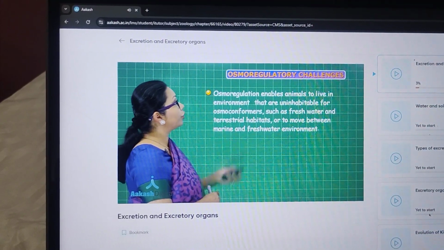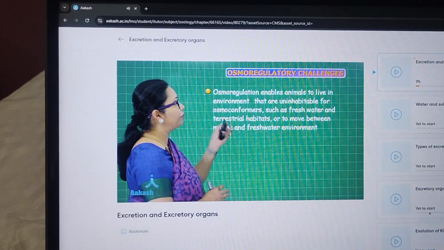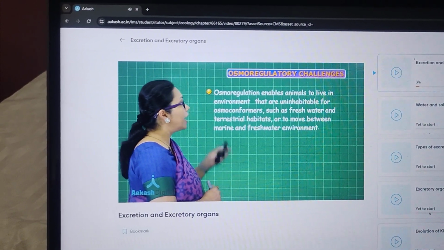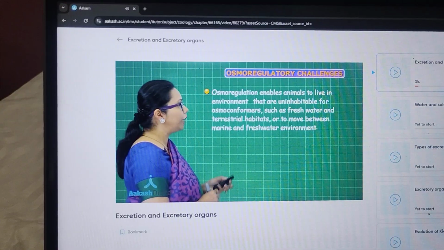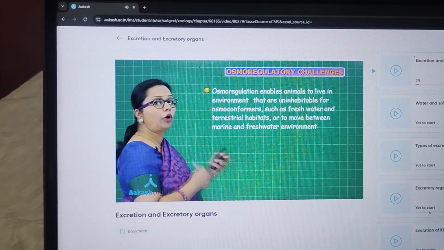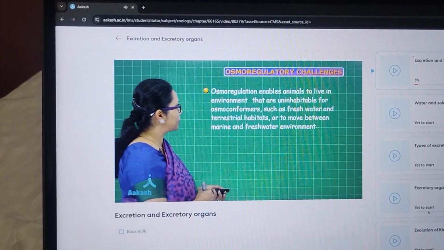Now these osmoregulators are able to live in environments that are otherwise uninhabitable for conformers, and so these regulators can live in freshwater, terrestrial habitats, and also they can move between marine and freshwater environments.